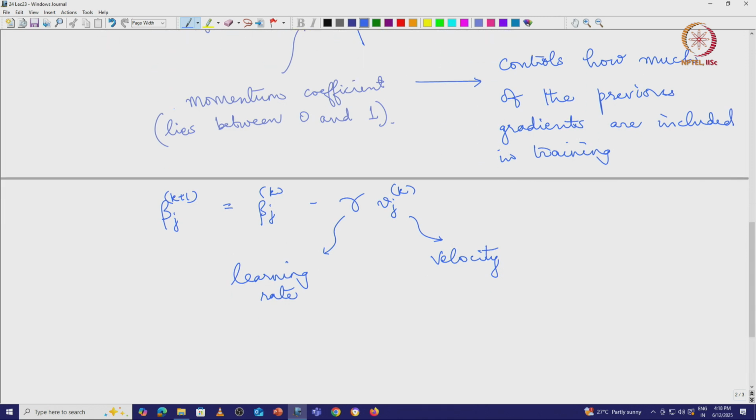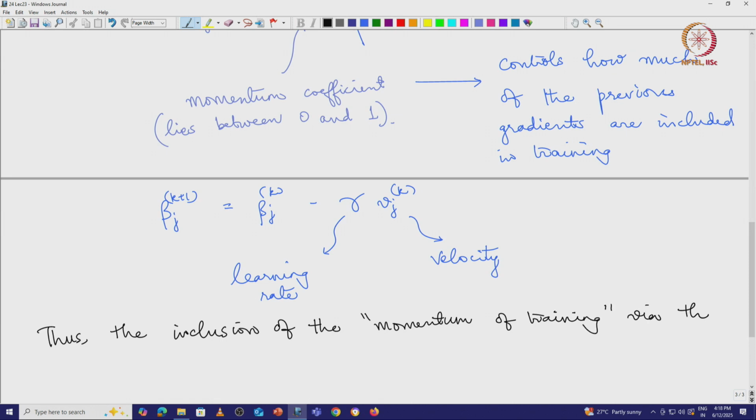Thus, the inclusion of the momentum of training via the velocity vector can speed up training. Okay. So, this was SGD with momentum.